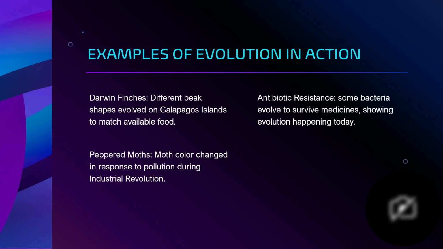In order to connect the examples of evolution to real life, for example, Darwin's finches: he studied the beak of the bird, and he saw on the islands of Galapagos how the beak of the bird of the same species had developed in different sizes according to the availability of the food.